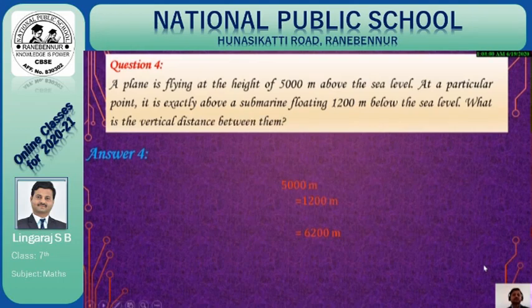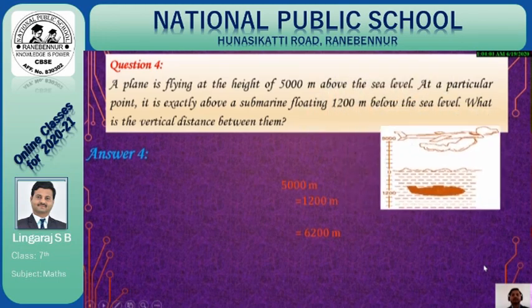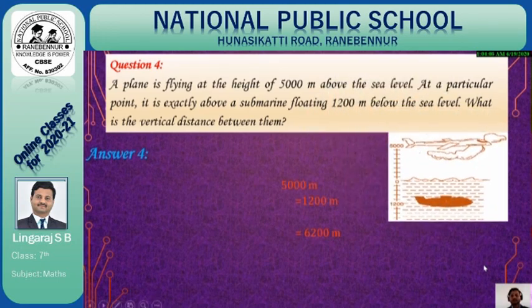So by observing the given figure, we are going to understand the question. So this plane is above the sea level at the distance of 5000 meters and the submarine is at the depth from the sea level, which is the distance of 1200 meters.